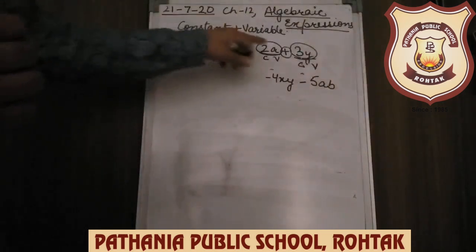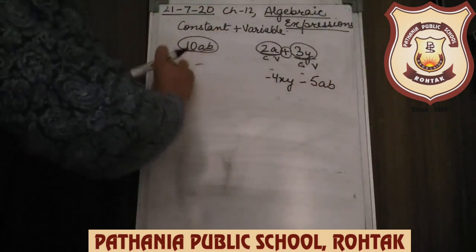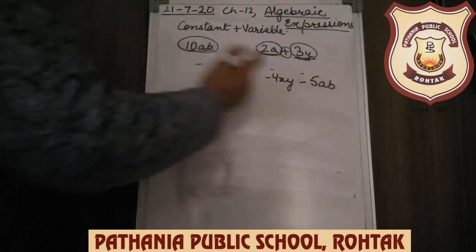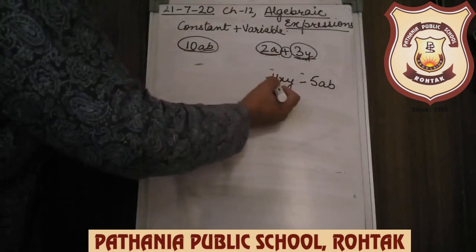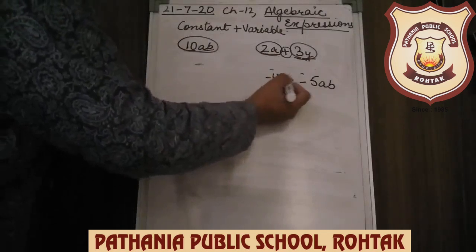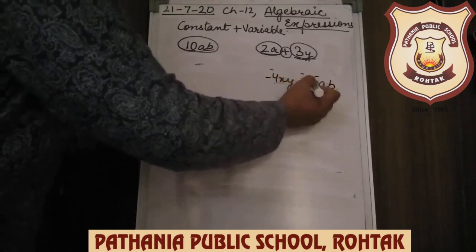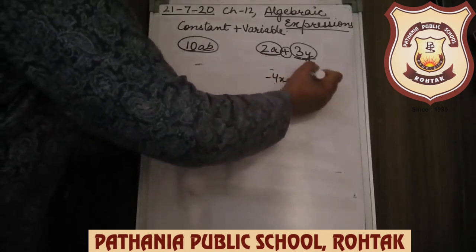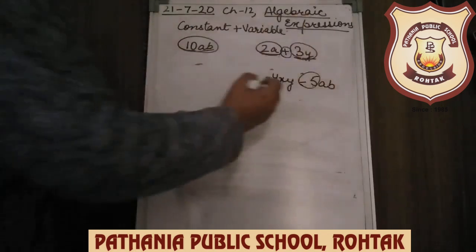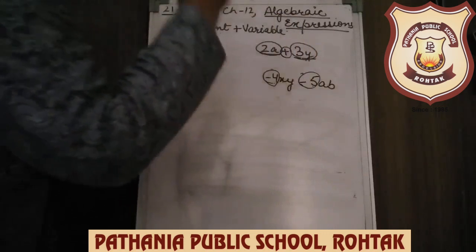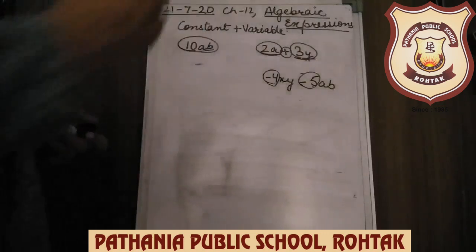I have now written three expressions. Here we'll revise one more time. Minus 4 is the constant, x is the variable, y is the variable. Minus 5 is the constant along with the sign. A and b are the variables.